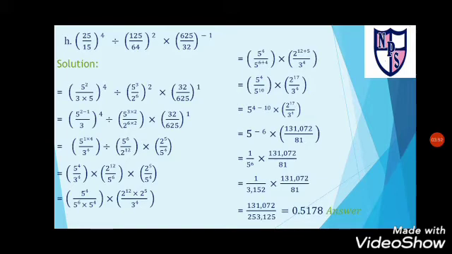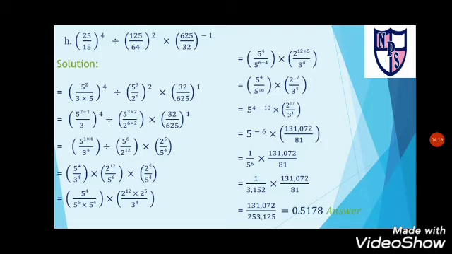To solve the first fraction, we will break 25 in power, and 25 is equal to 5 power 2, as we solved in the previous example. So we will write 5 square instead of 25.